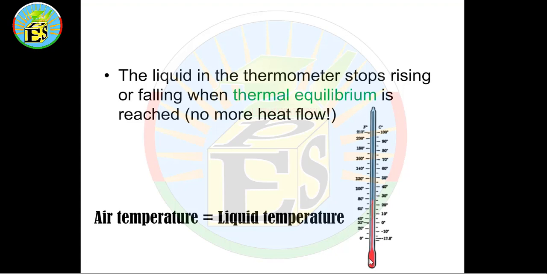The particles of the liquid will start to move faster and expand. This expansion is referred to the temperature of the object. Air temperature equals liquid temperature.